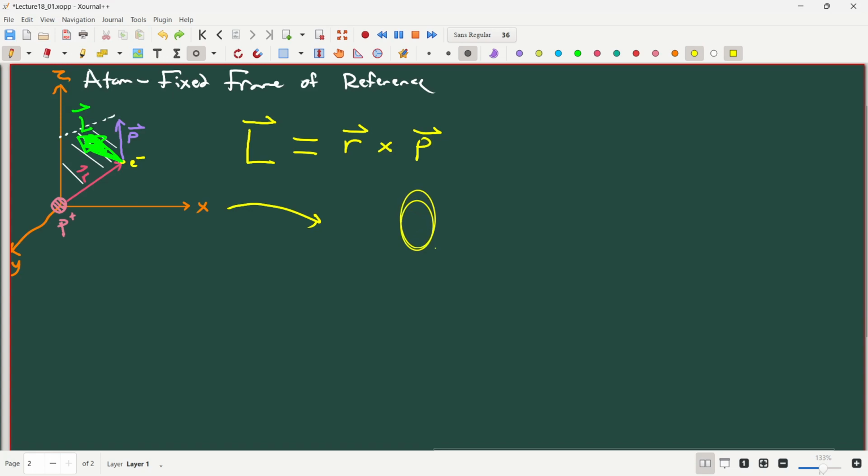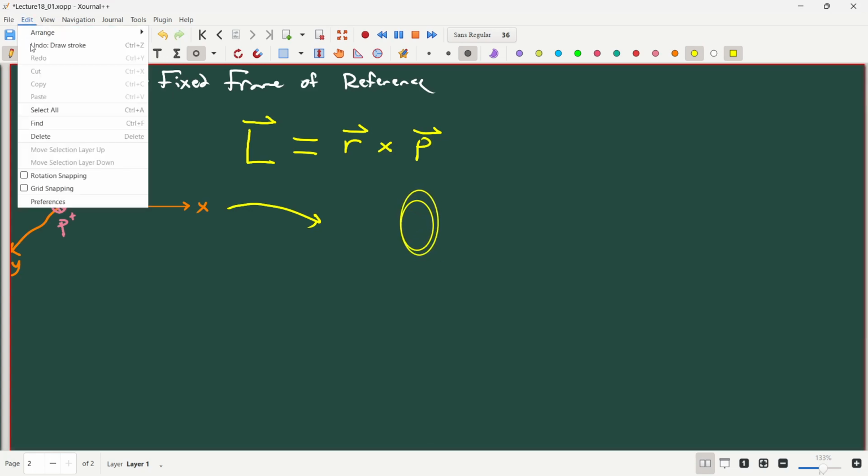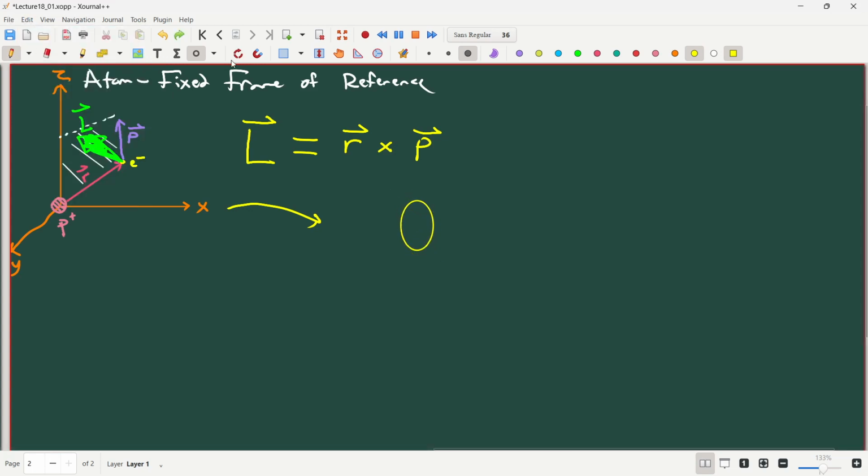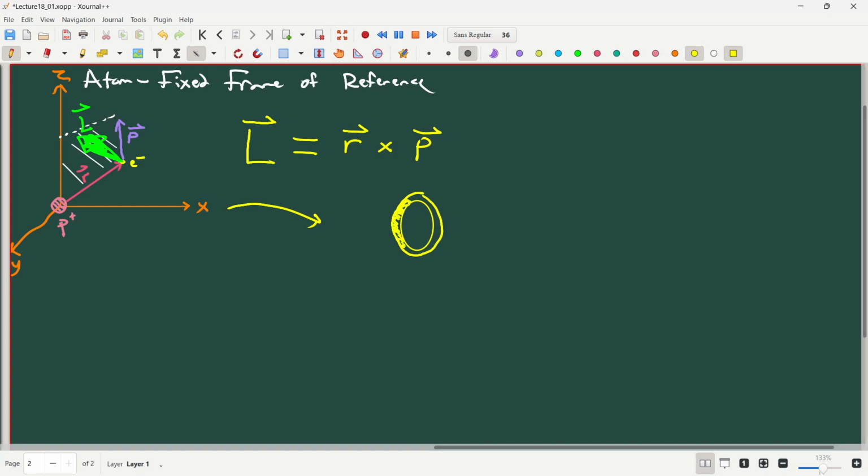I'm trying to draw a three-dimensional circle, or a donut, so I'm just going to do it by hand. So we've got a donut here. Kind of sketch it a little bit, so this is the back side of the donut.